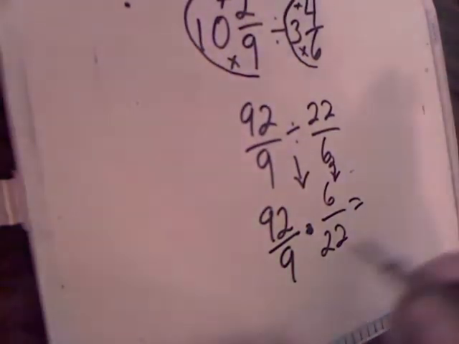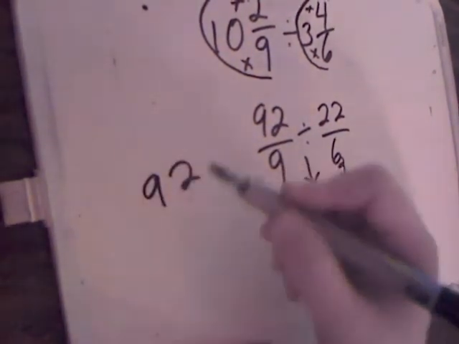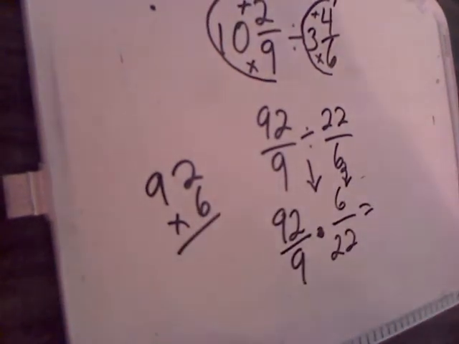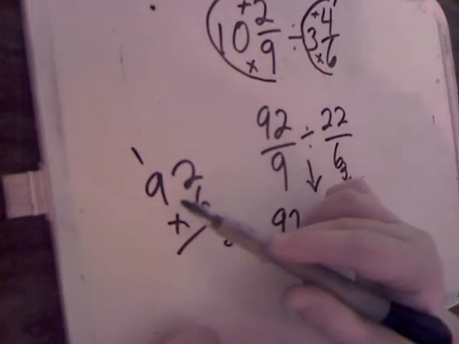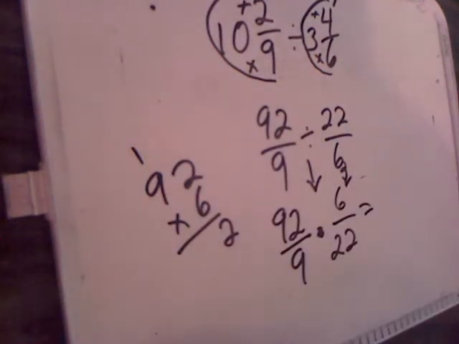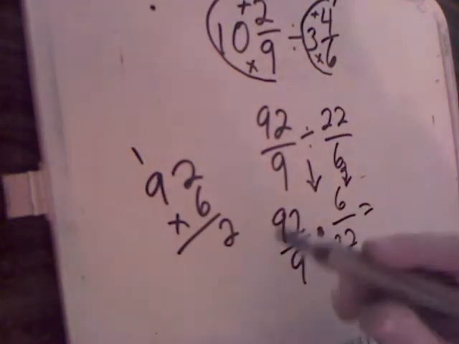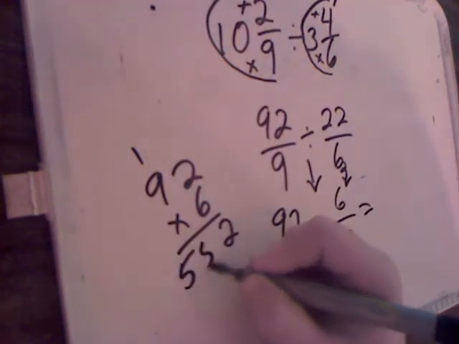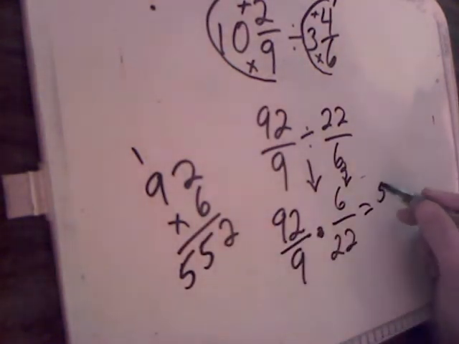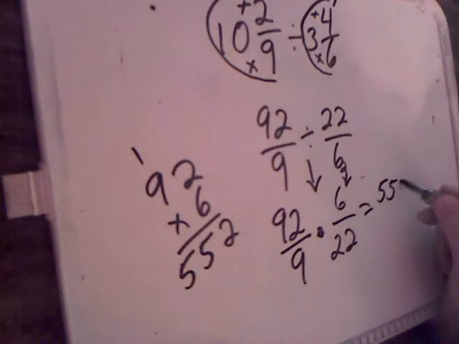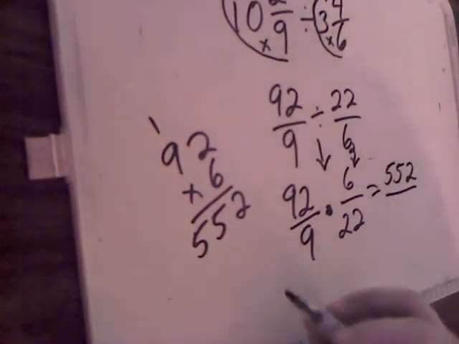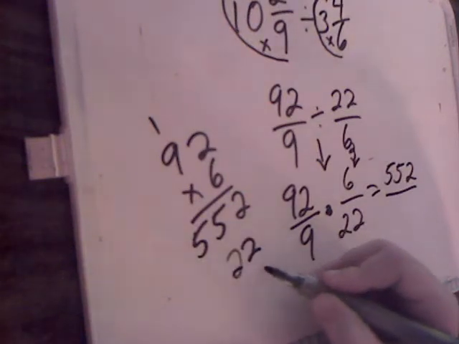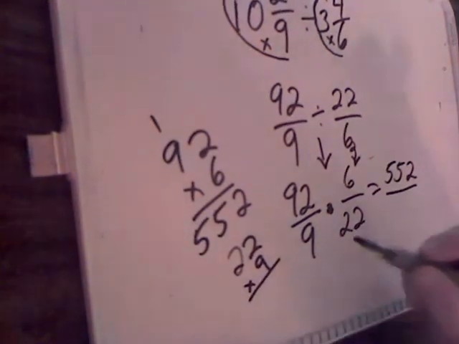First we want to multiply 92 times 6. 6 times 2 is 12. 9 times 6 is 54, plus that 1 is 55. So we have a whopping 552 on top.